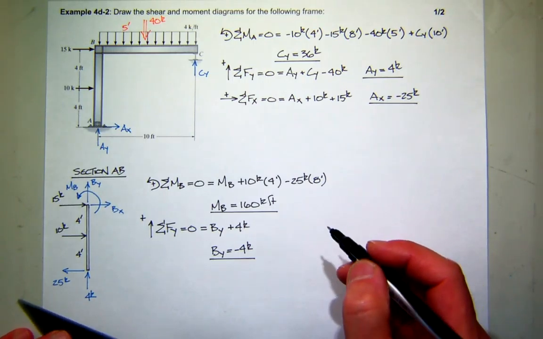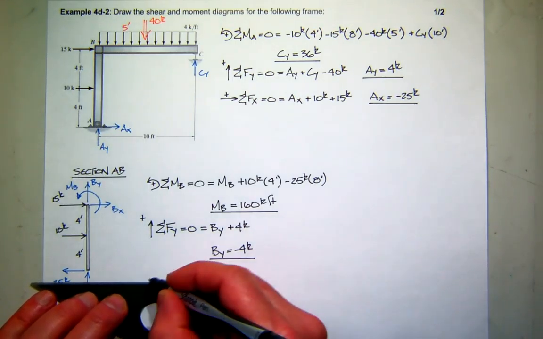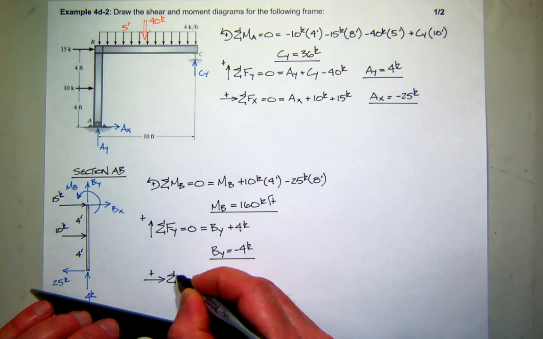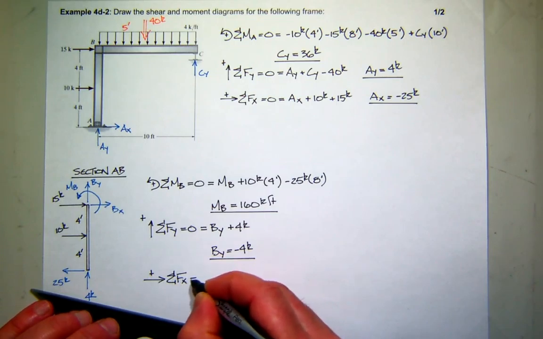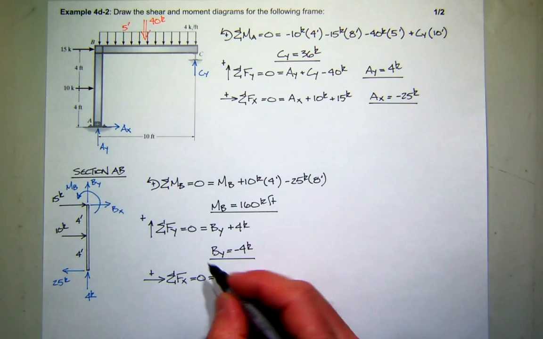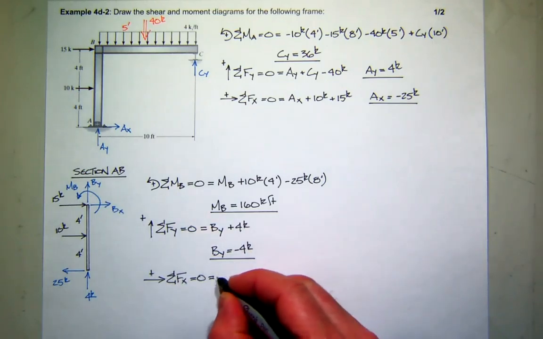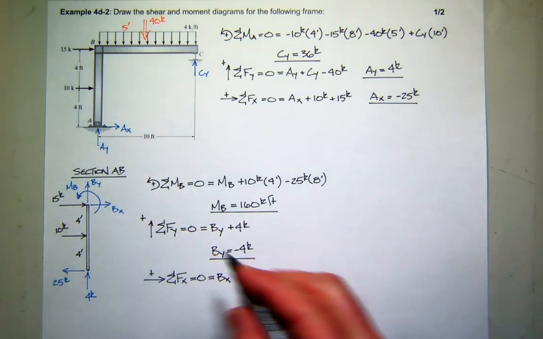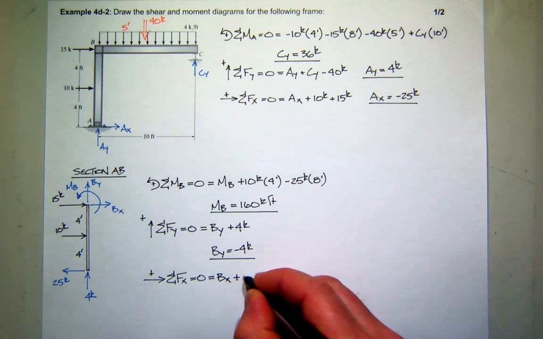Petrick, back to you. What do we do? Sum the forces in the x direction. So let's do that. Lots of x forces going on here. I've got BX to the right, positive. 15 and 10 also to the right.